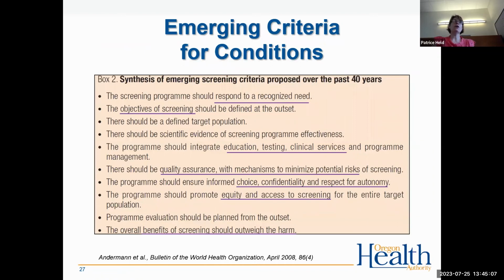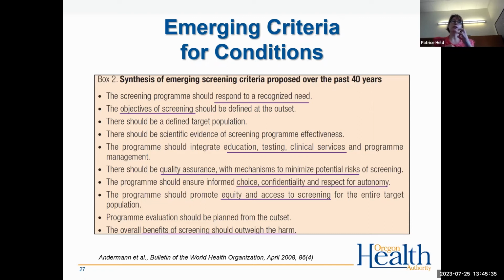And we know that over time, there will be emerging criteria for conditions. In the future, we'll be more and more focused on the whole system. This article lists different criteria that are likely to be considered. We will want to know that we are responding to a recognized need. We will need to clearly define the objective of our screening programs.